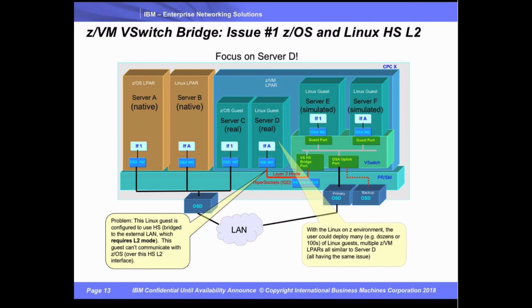Server D is again deployed on HiperSockets. It's using layer 2 mode. It has access to any guest that can communicate on this HiperSockets channel, and to any guest that is either on the vSwitch or on the external LAN. So for all practical purposes, Linux D can communicate with anything, and that's the environment that we're trying to be compatible with. And this environment again requires layer 2 mode only.